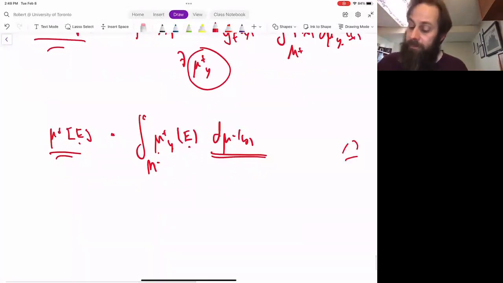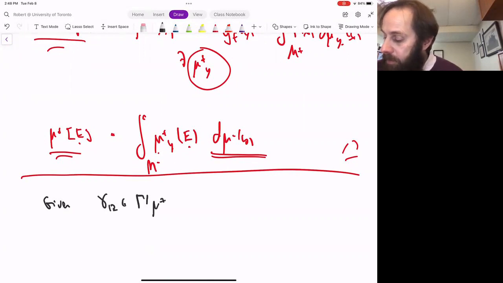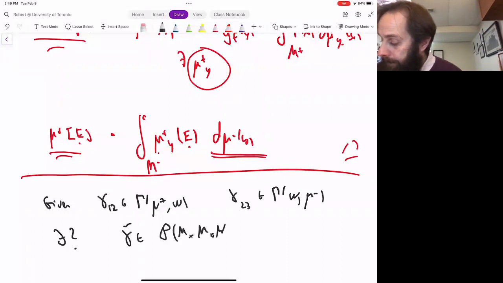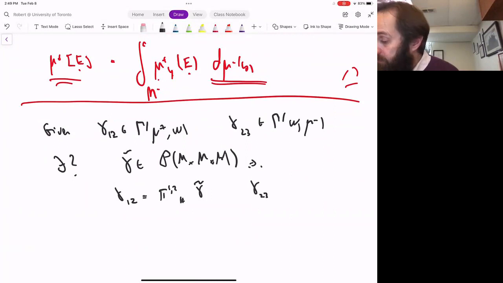Okay, so the final situation is, let me come back to my question, which was: given gamma 1,2 in Gamma(mu plus, omega) and gamma 2,3 in Gamma(omega, mu minus), does there exist gamma tilde in the triple space such that gamma 1,2 is the projection onto 1,2 of gamma tilde, and gamma 2,3 is the projection onto 2,3 of gamma tilde?